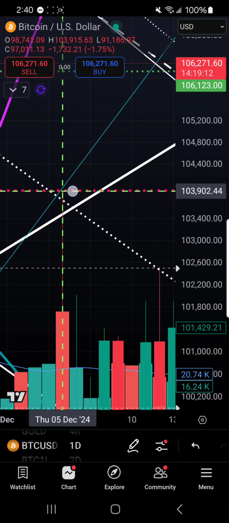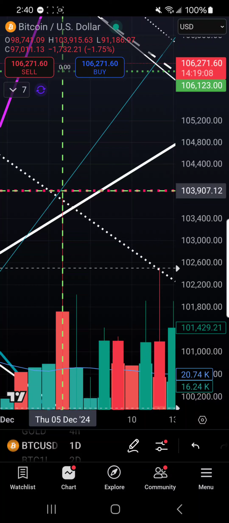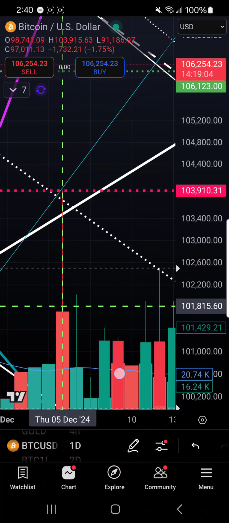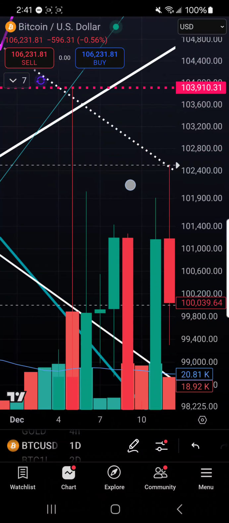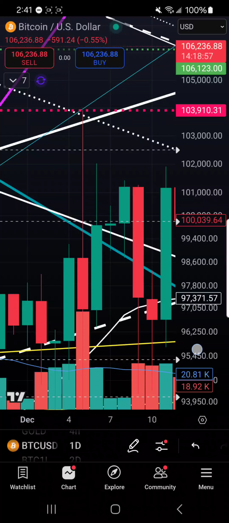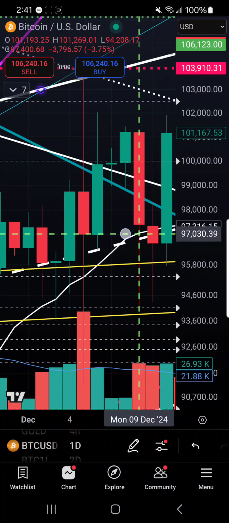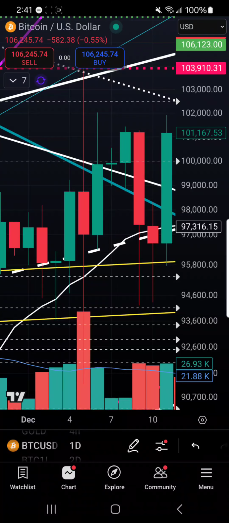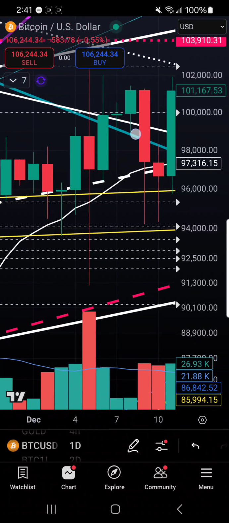This was our first peak. We wicked up to here, and then we wicked up to 103,910, and then we got a rejection from that and came all the way back down to finish the day at 97. So that was a pretty significant first peak.